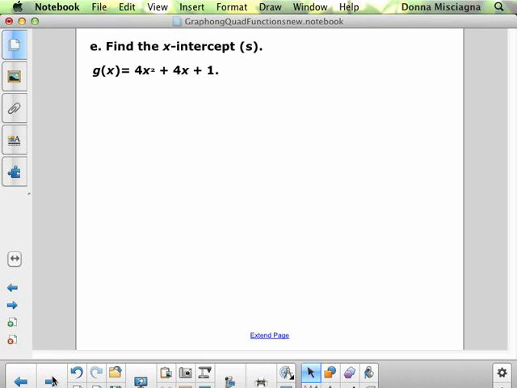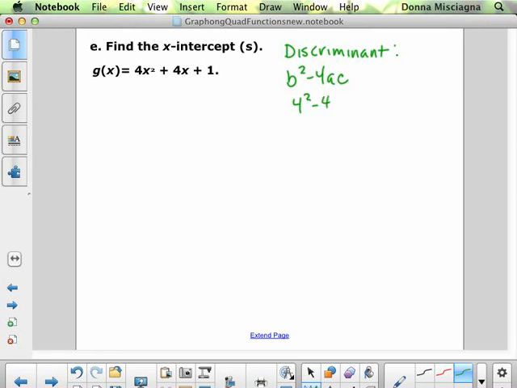All right, now, if you weren't sure if this was factorable, you could always take b squared minus 4ac, which is the discriminant. And if you do that, all right, so b is 4. So 4 squared minus 4 times 4 times 1.